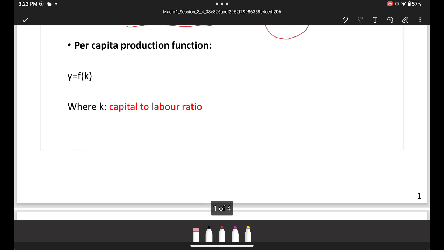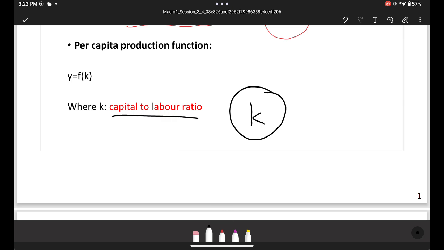Now, whenever you see small k, this is the capital to labor ratio. Obviously, the higher the k, the better. If I have 5 machines and 2 persons, the capital labor ratio will be 5:2.